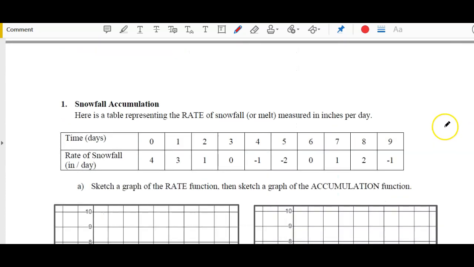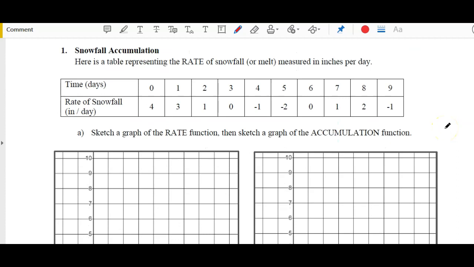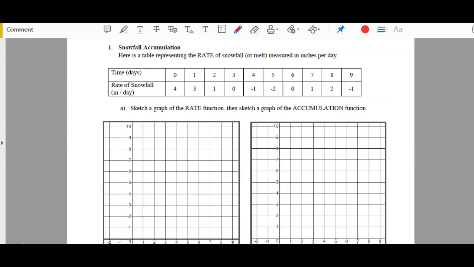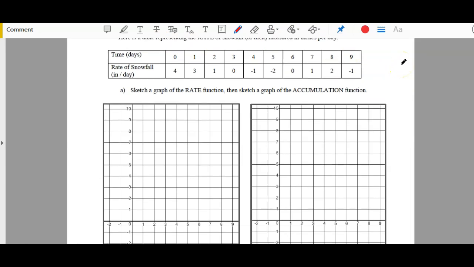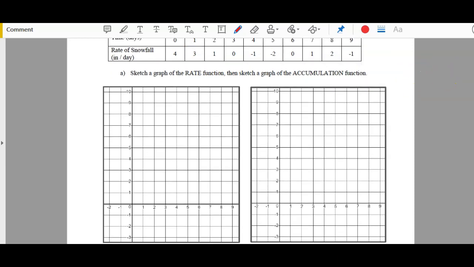Let's go ahead and do one. So this is going to be a snowfall accumulation, and I'll probably have to zoom this out a little bit here to get the whole thing on. But we're just going to take this snowfall rate and accumulate that over time. So this one, let's go ahead and track that down just a little bit more.